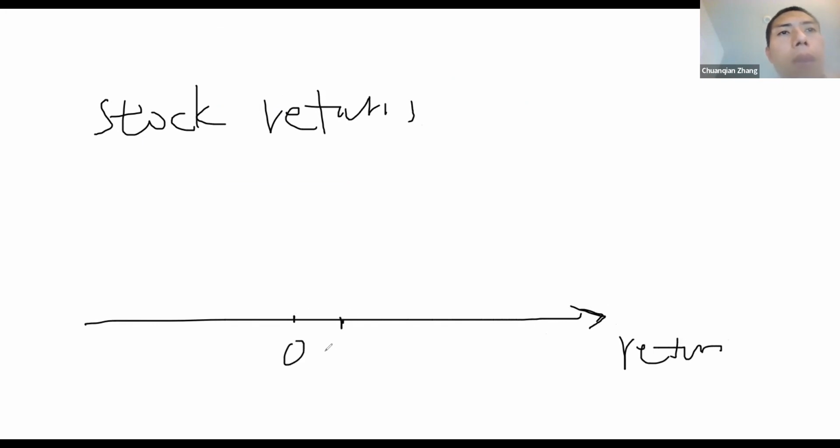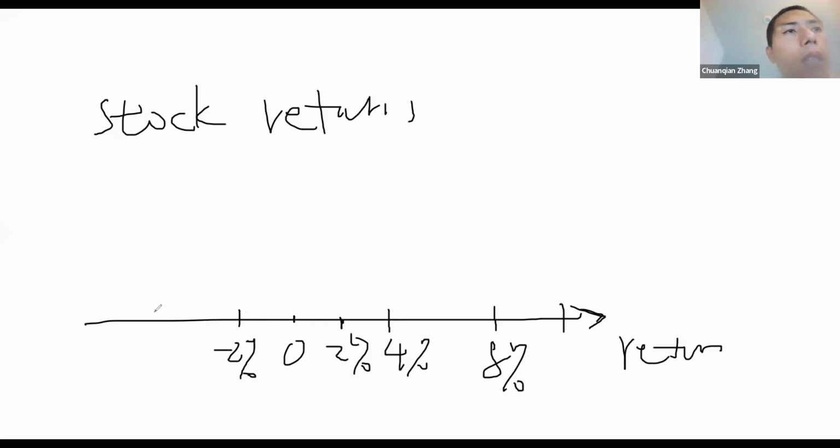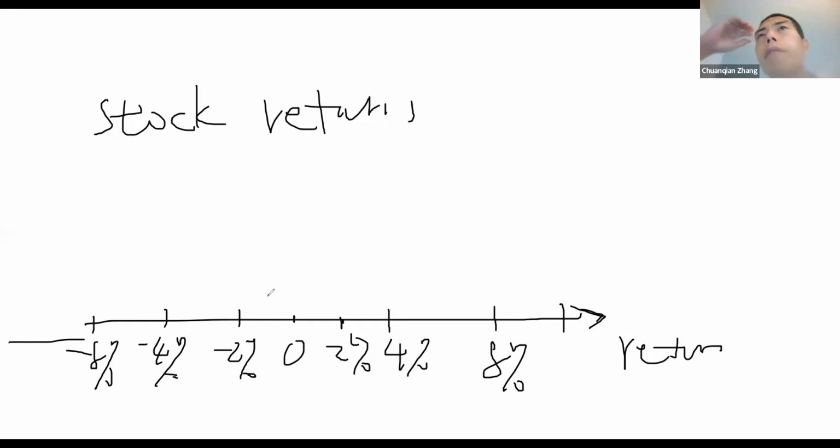This return is 2%, 4%, this one is 8%, and even more. Here is -2%, -4%, -8%, and even more, right? So now what does the frequency table look like in your imagination? Think about this.